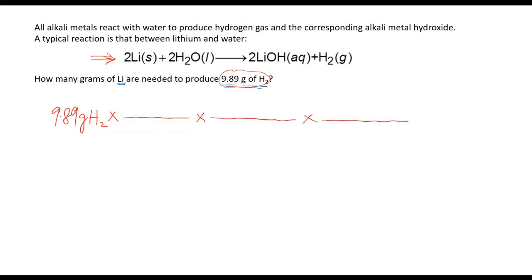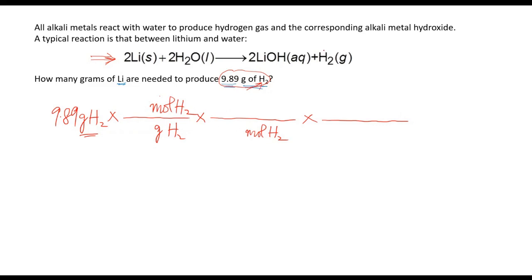Now, what will you write down? Gram of hydrogen. What do you have to calculate here? Mole of hydrogen. Now, same thing here: mole of hydrogen down. Why mole of hydrogen down? Because this is the mole ratio method. What is given? Hydrogen. So mole of hydrogen down.